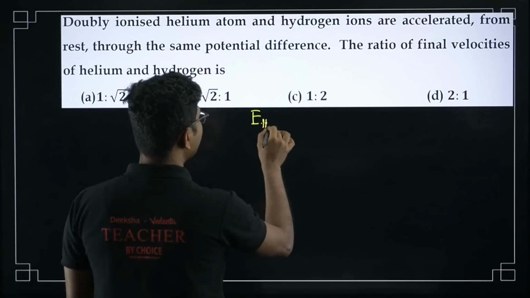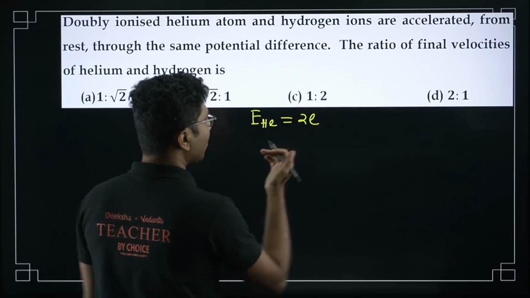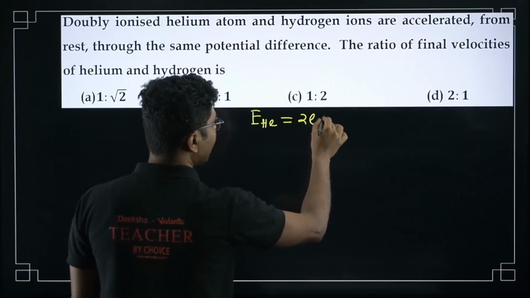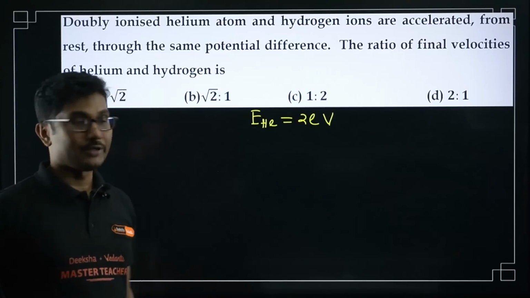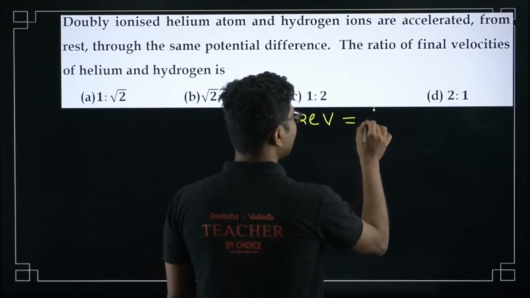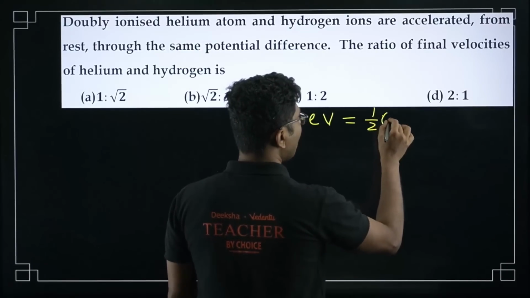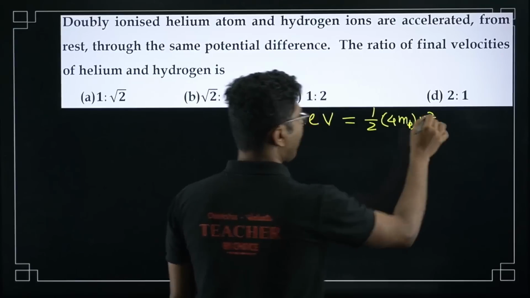Energy of helium, we already solved one similar question, but that was a different de Broglie wavelength question. So the energy of the helium is 2 eV. Okay, what is the meaning of that? This is half into 4 mass of proton into V square.